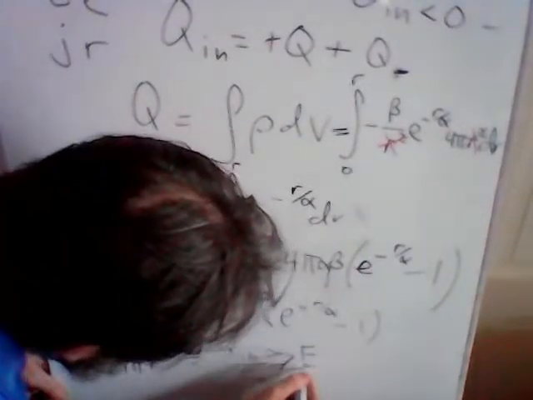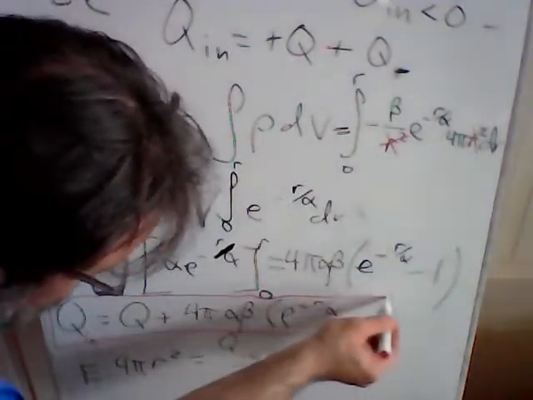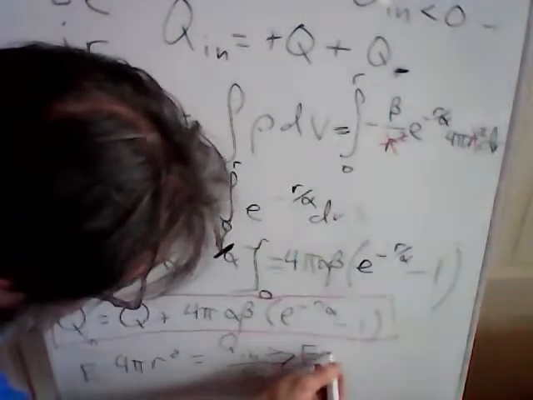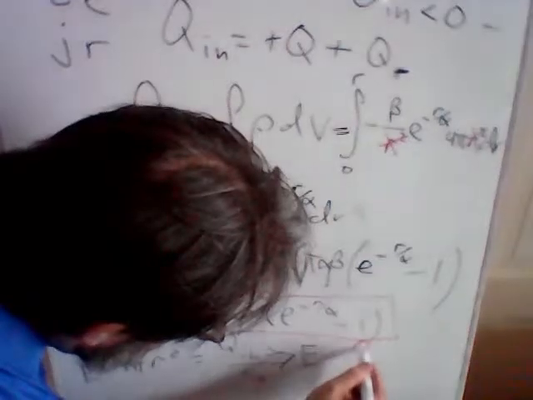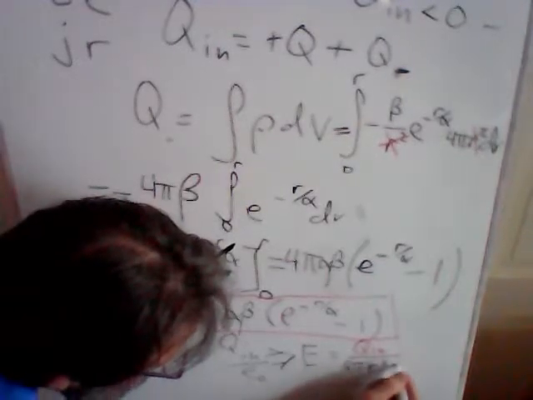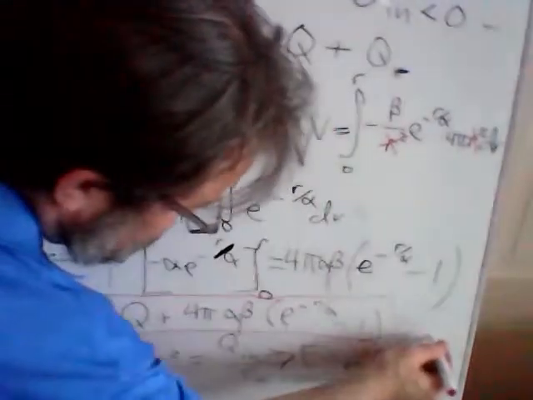And that, of course, means that E, I'm just going to do it this way, E is equal to Q in, which is this mess here, divided by 4 pi r squared epsilon 0.